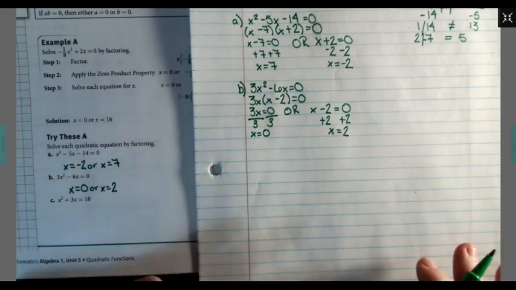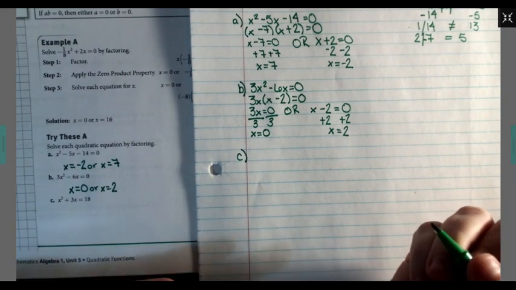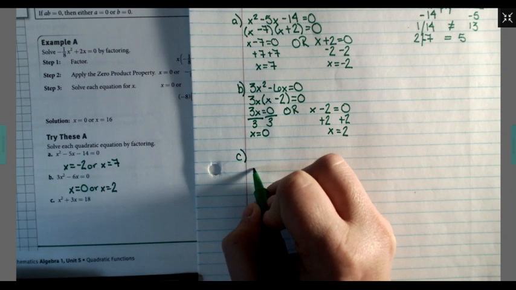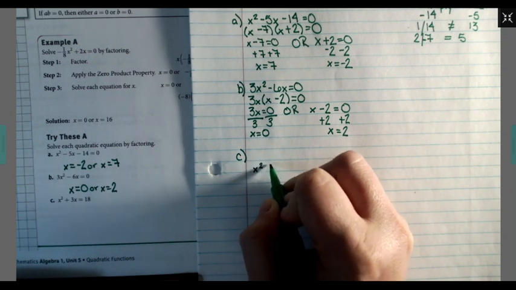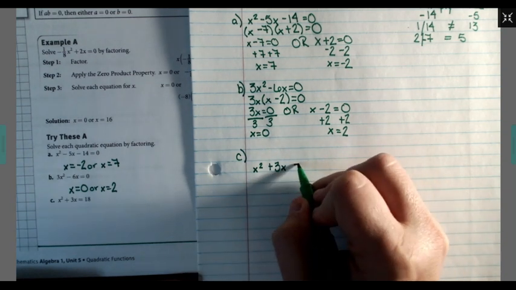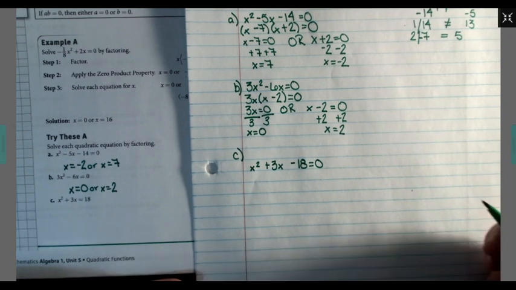Let's take a look at C. The only way that you could do this is to have it set equal to 0. So the first thing I have to do is rewrite my equation so that the equation is equal to 0. So we subtract 18 from both sides of the equation.